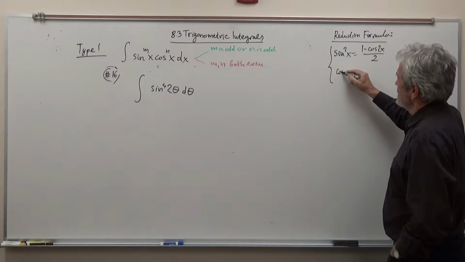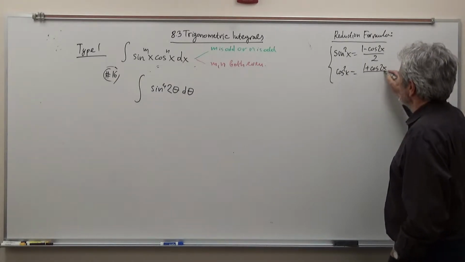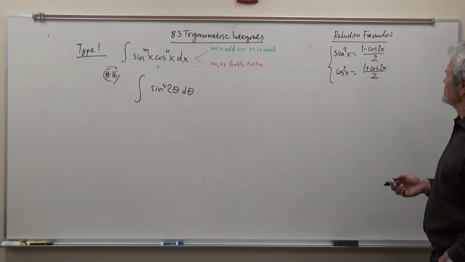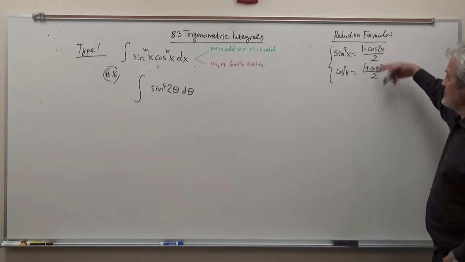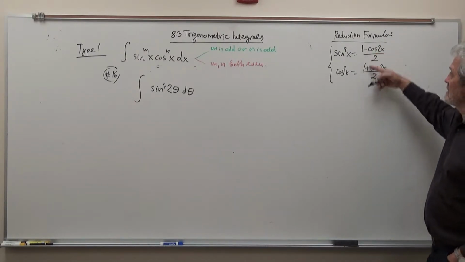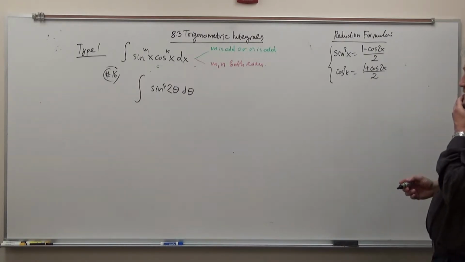And at the same time, cosine square x looks very similar. I think I mentioned it in one of the previous lectures. And really, if you add them up, you will get 1, as you would expect. So they are very similar. One is with minus, one is with plus.